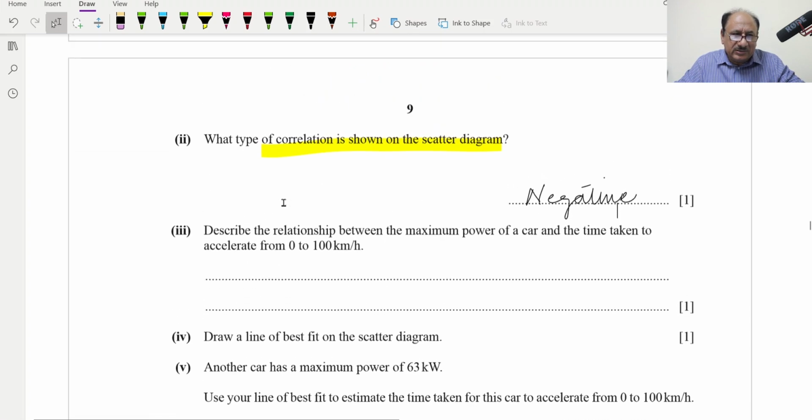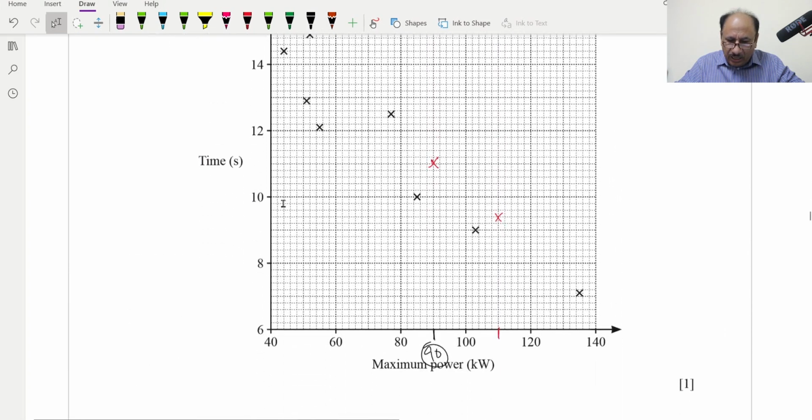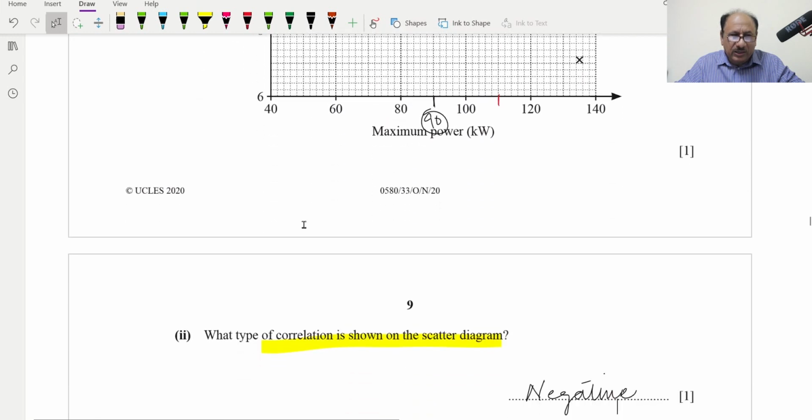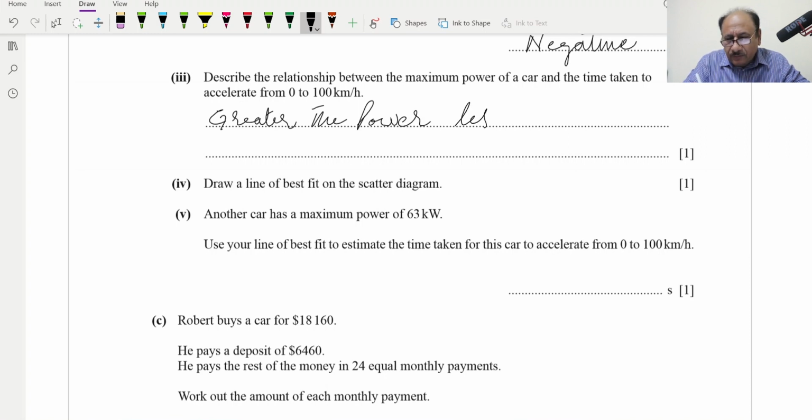We can see from here, if power is greater, time will be lesser. So we can write here: greater the power, lesser the time to accelerate. So this is the relation.